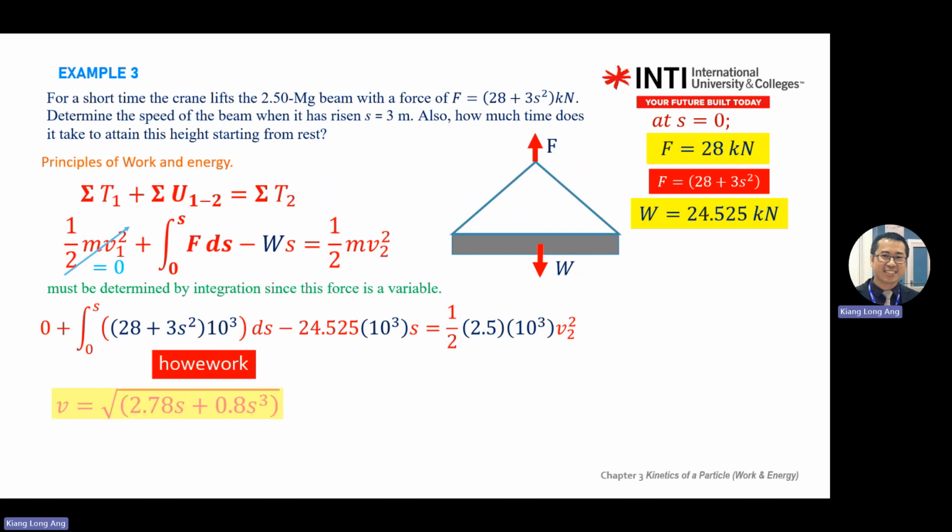You get one equation, v equal to something else. You have two unknowns here, but you still cannot solve the question. You need to use one more equation, which is to substitute the s given here. The final location s, so substitute here, you get your v.